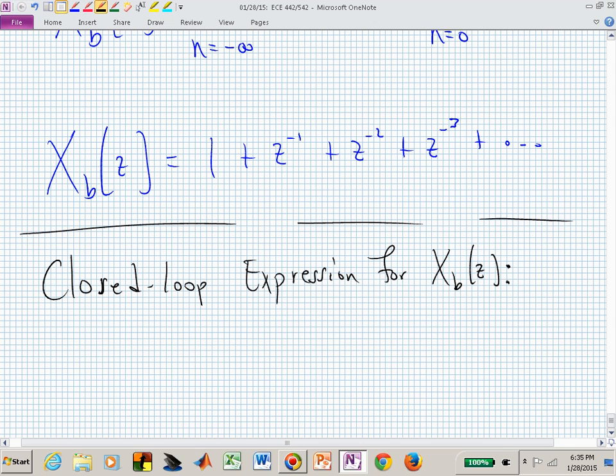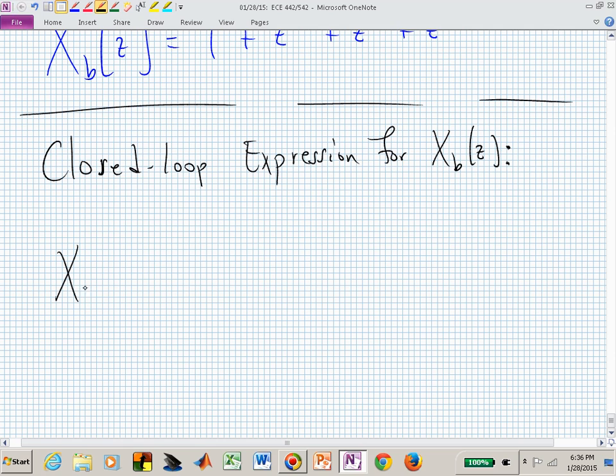If that z to the minus 1, which we keep raising to higher and higher powers, is kept less than 1, this would be good, wouldn't it? That sum would converge to a finite value. Meaning, we could actually make sense of capital X sub b of z, which is 1 plus z to the minus 1 plus z to the minus 2. That's well behaved.